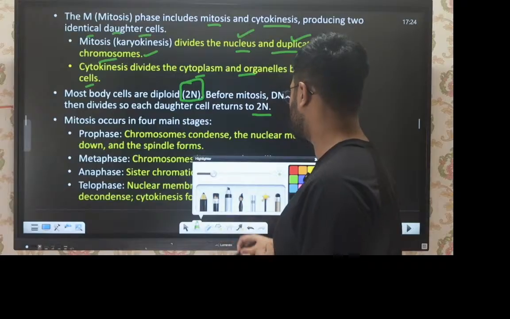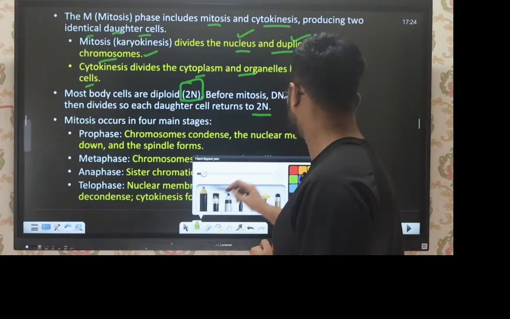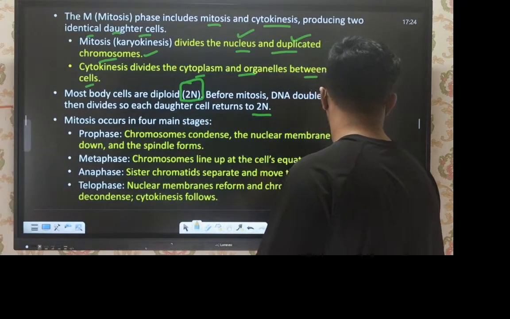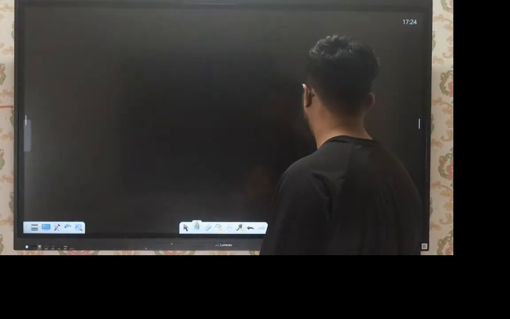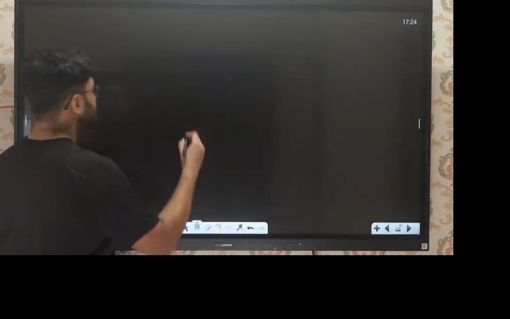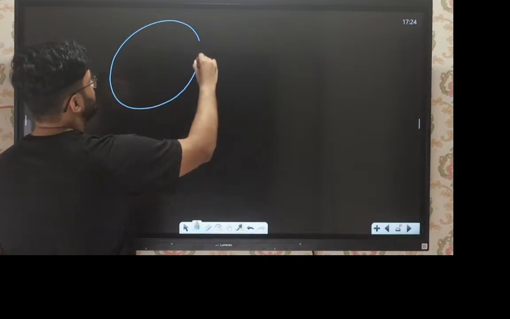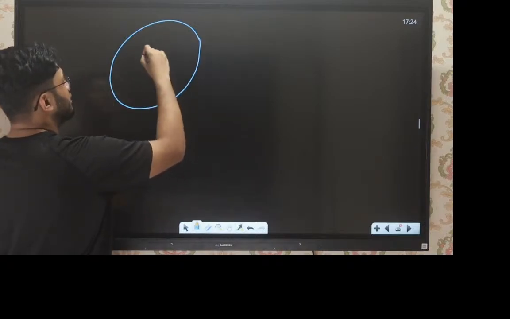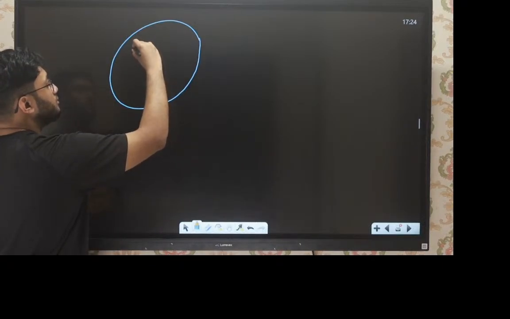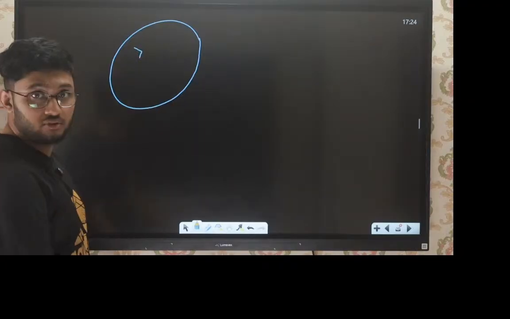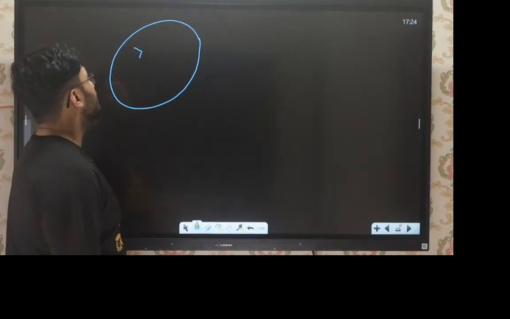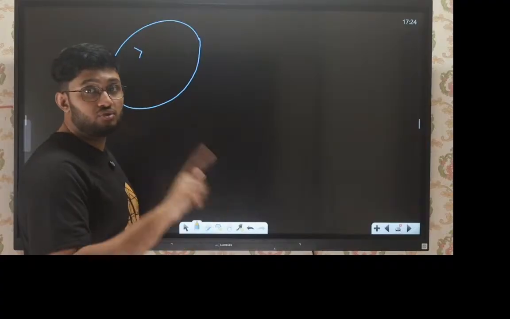Now, what does this exactly mean? Let me just draw it out for you guys. So what happens is, imagine this is the cell and this is one chromatid, alright? Now, a chromosome has two chromatids.